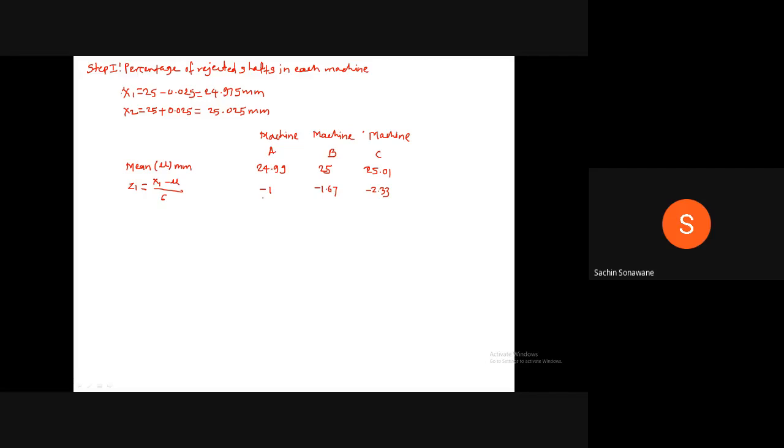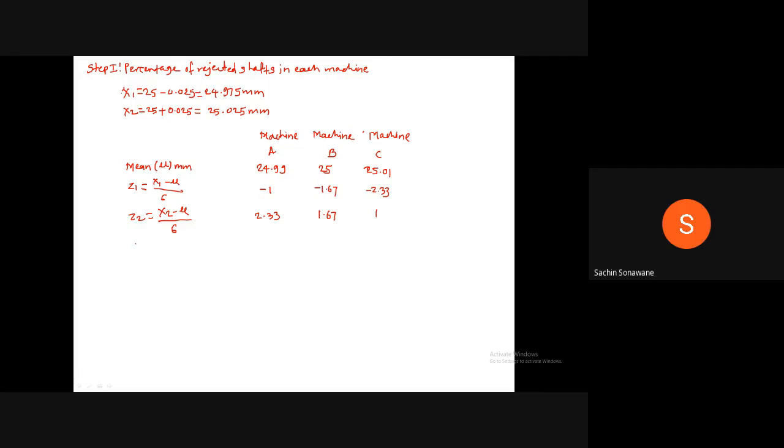Now Z2. Z2 is equal to x2 minus mu divided by sigma, which is equal to here 2.33, 1.67 and 1.